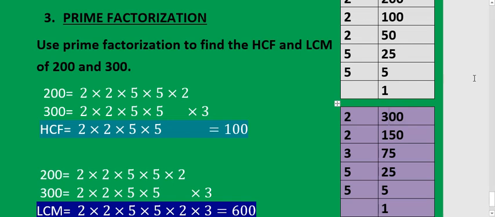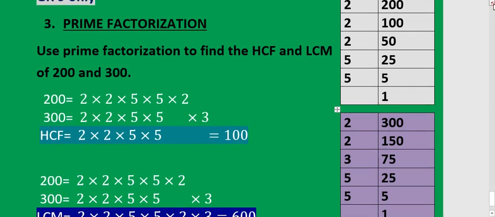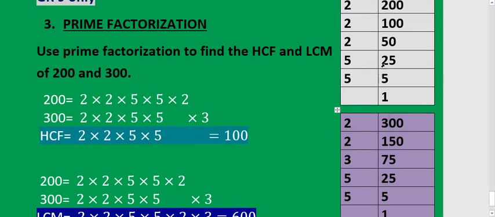So now we've got the prime factors of 200 in the first table, and we've also got the prime factors of 300 in the next table. What do we do if we want to use prime factorization to calculate the HCF and the LCM? We need to list them. Those are the prime factors of 200. It's 2, 2, 2.